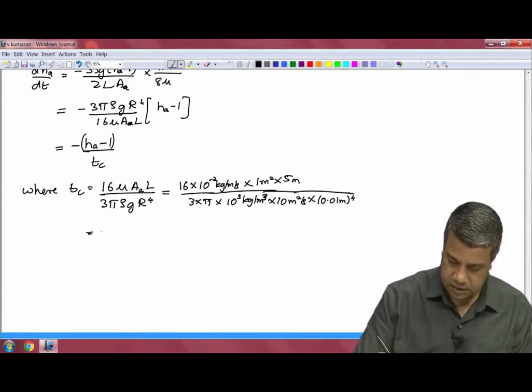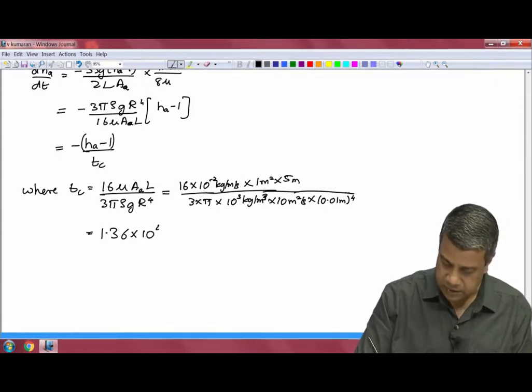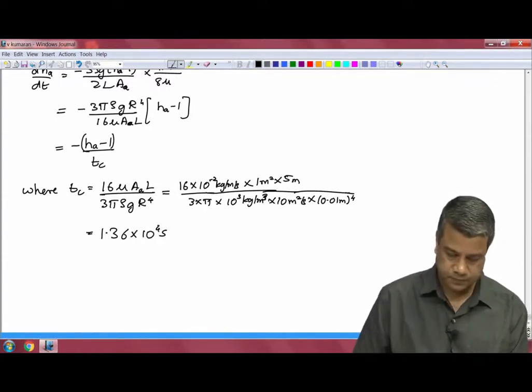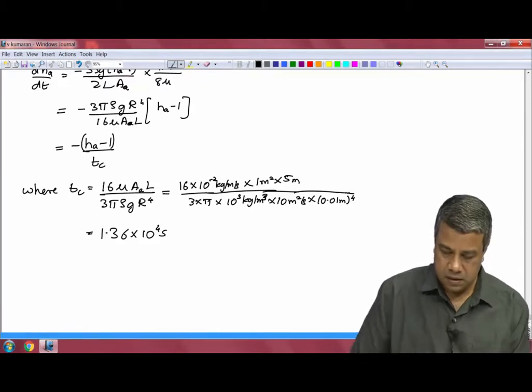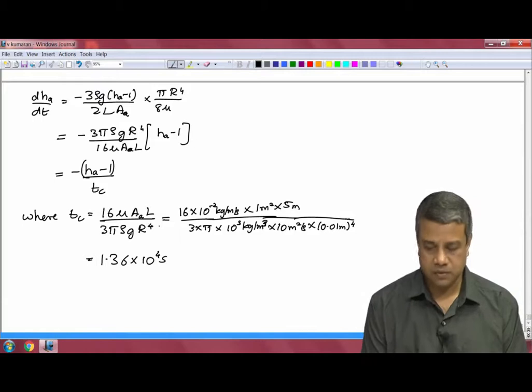And this thing turns out to be 1.36 into 10 power 4 seconds. So, that gives us the equation for the change in height with respect to time.